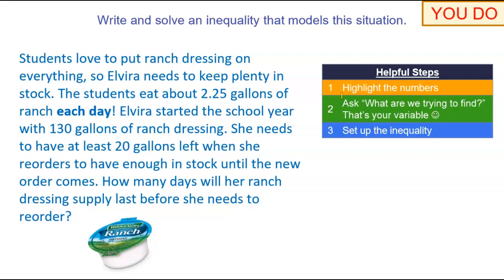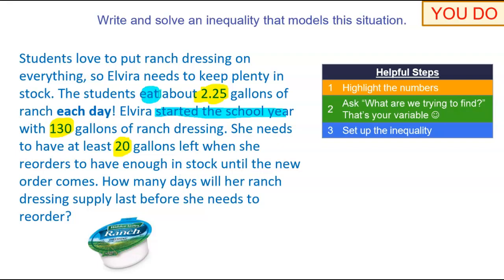So first step here, we're going to highlight the numbers. We have a number there. We have a number there. We have a number there. These all look like they're gallons, so that's good. You might also notice some other helpful things, like we started the school year with 130.